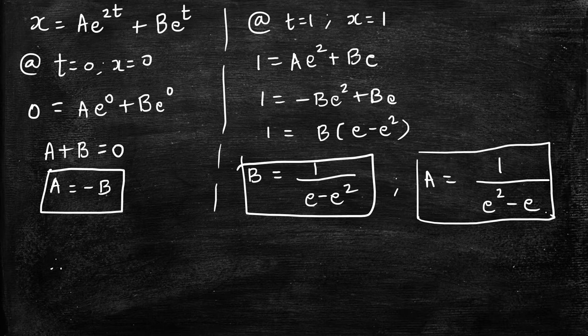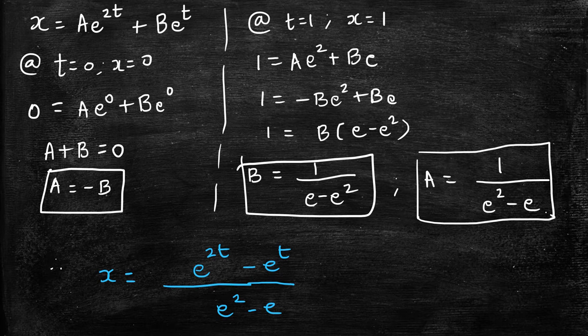Now I know my constants a and b, so I can substitute that in my solution. So after substituting, I get my solution x to be e power 2t minus e power t by e square minus e. Now the question says that at t is equal to 2, what is the value of x?